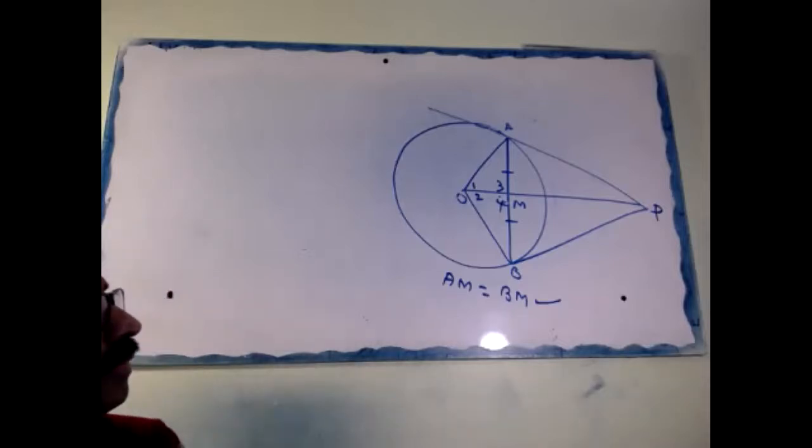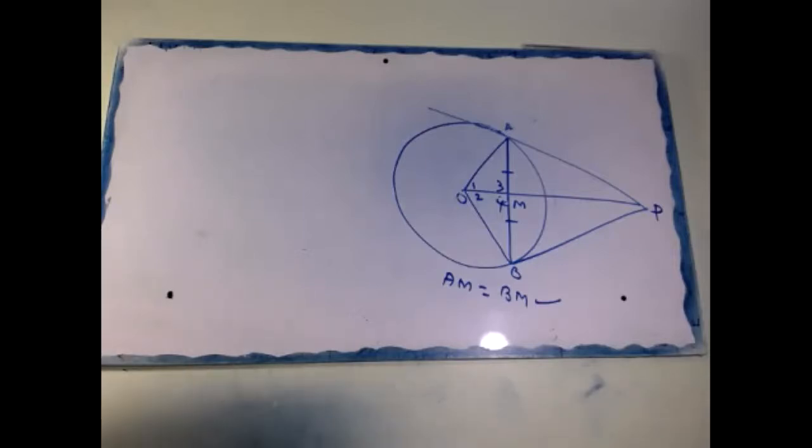Then after that, in triangle OAP and OBP, OA equals OB, same radius. PA equals PB, tangents from an external point are equal.